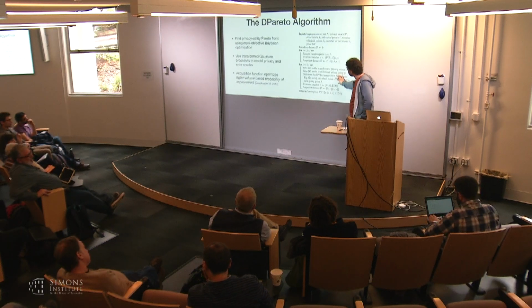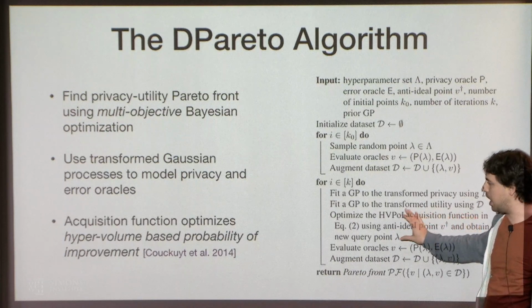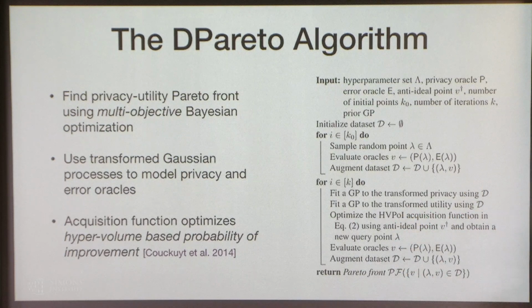Okay, and in this case, when you're doing multiple objectives, acquisition functions get slightly trickier, which was Cynthia's question. So in this particular case, we're using a hypervolume-based probability of improvement, which is an acquisition function that tries to do the following.